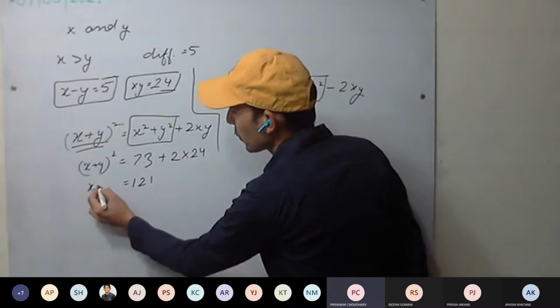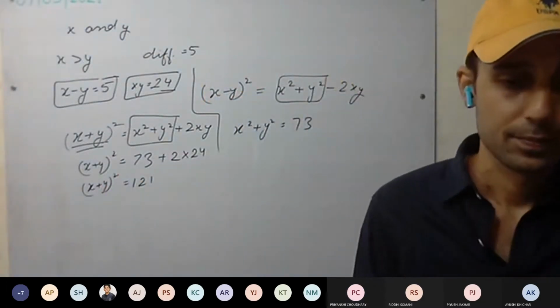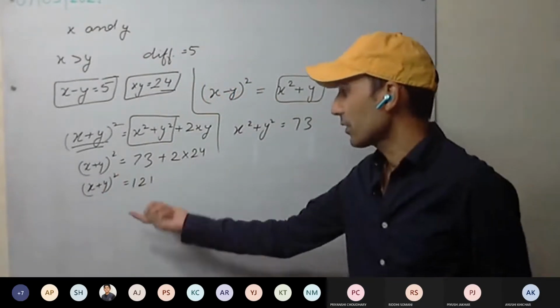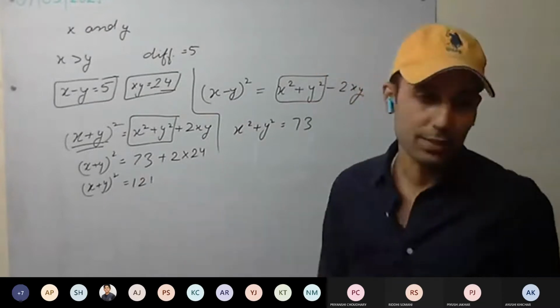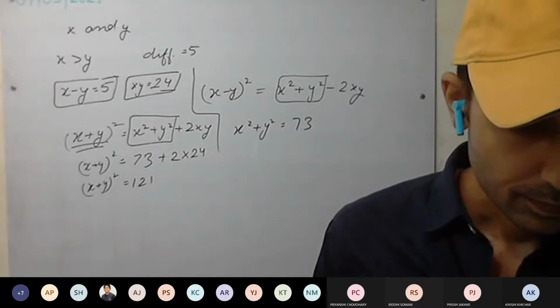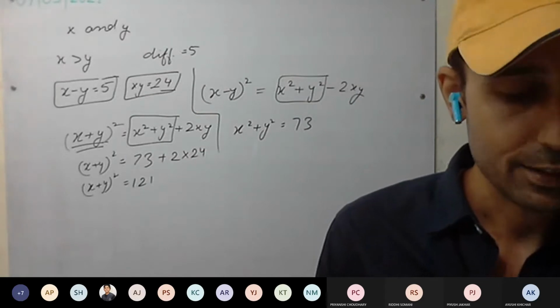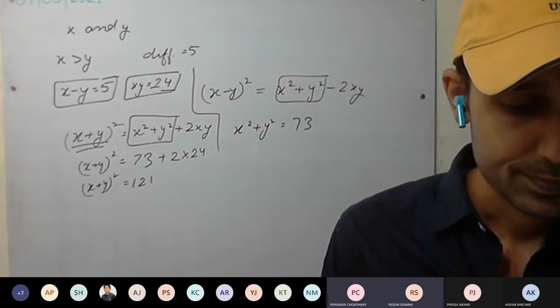So what is the value of x plus y? 11. You can say 11 or plus minus 11, since it's a root. So 11 is correct, and plus minus 11 as well.